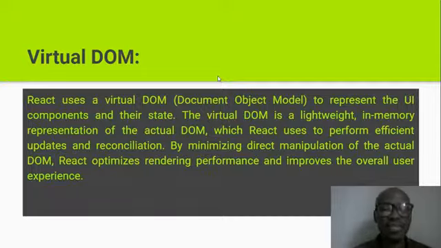So what React does, it makes a representation of that in memory and uses that to perform efficient updates and reconciliation. I won't go much into the detail of that. I will task you to go and look it up if you're not well conversant with it. It's a powerful feature of React, which makes React really fast in rendering your UI. We're going to see how that works.